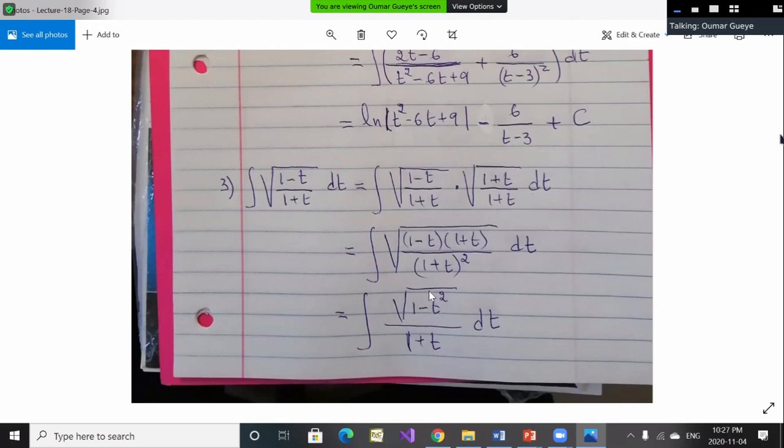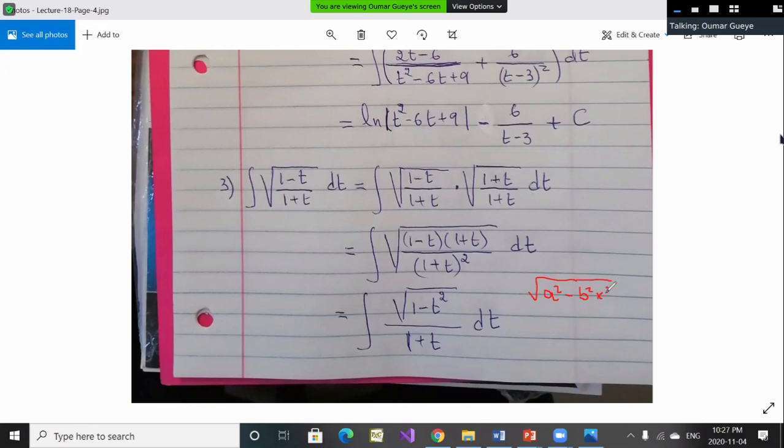And under the square root, you have the difference of two squares. We've seen it last week. Anytime you have under the square root the difference of two squares, you can use the trig substitution. In this case, we have this situation: square root of a squared minus b squared x squared.